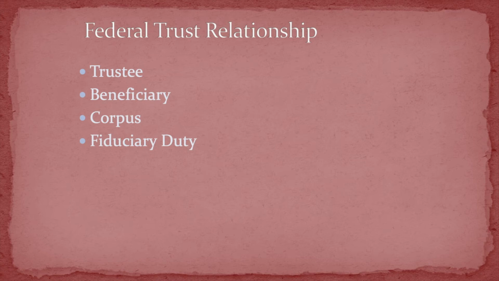It could be money, it could be land, it could be mineral resources, anything of value, for the beneficiary. And in this case, the trustee is the federal government. The beneficiary are the federally recognized tribes, or the tribes that have been treated with. And the corpus is anything that affects tribal nations.